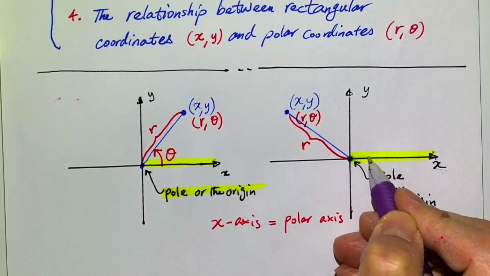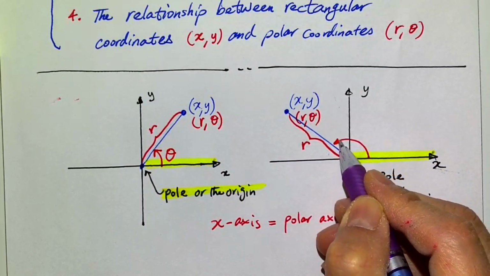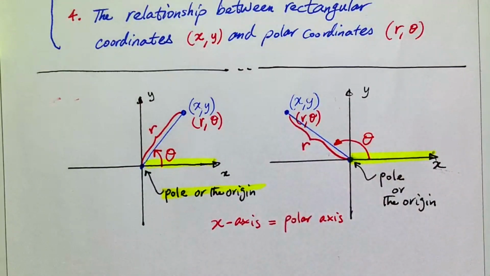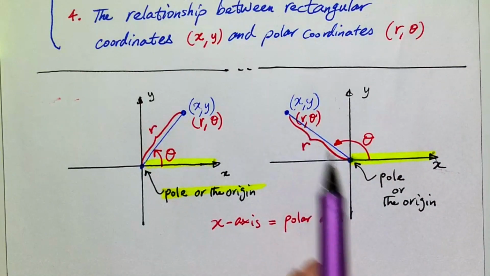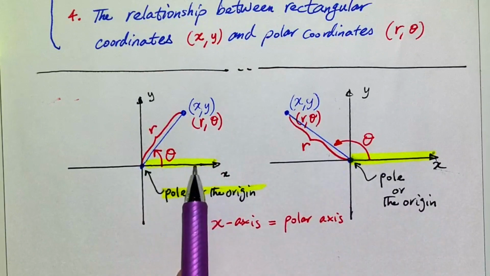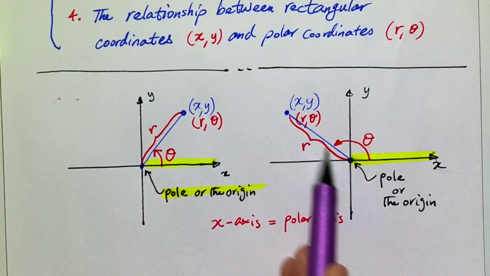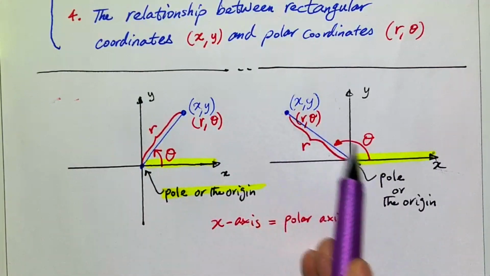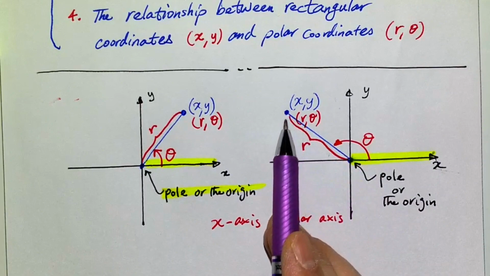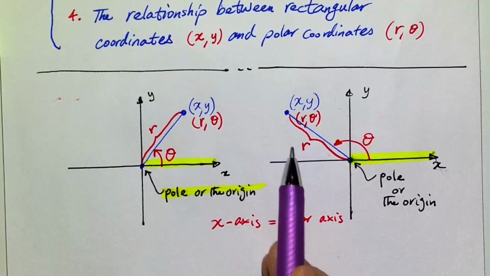And in this figure, this angle represents the theta in the polar coordinate system. So theta in the polar coordinate system is the angle from the positive side of the x-axis to the terminal side of that angle that we have. Together, they give us the perfect location for that point.